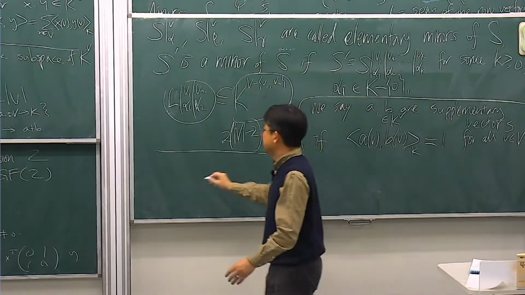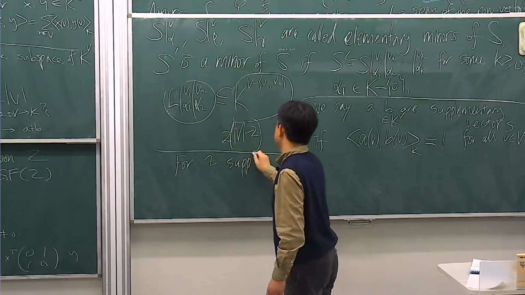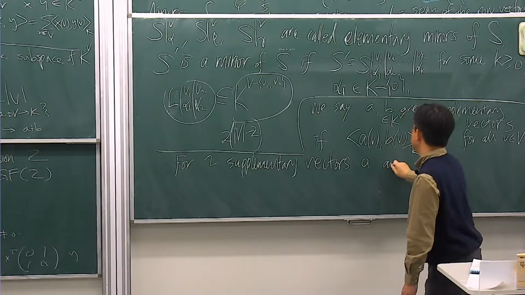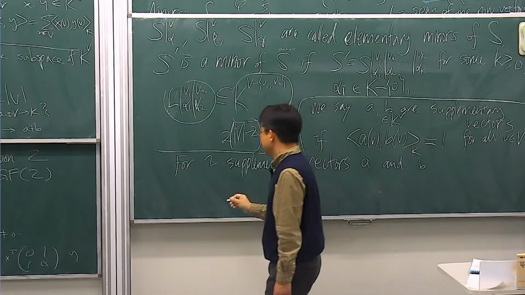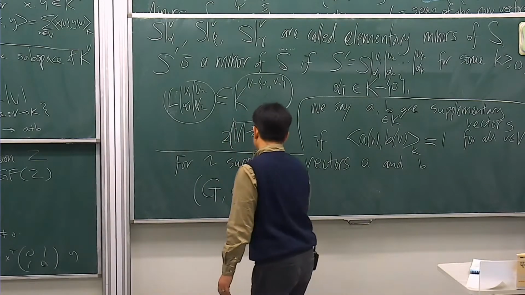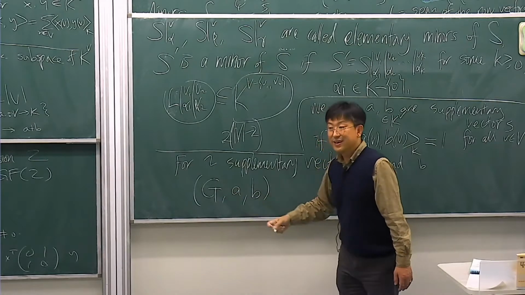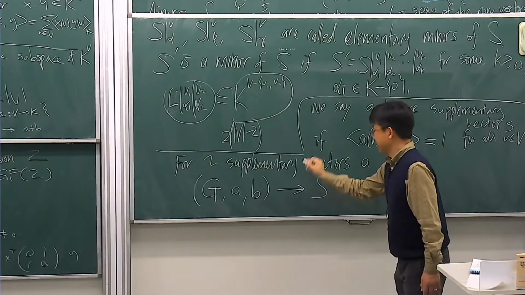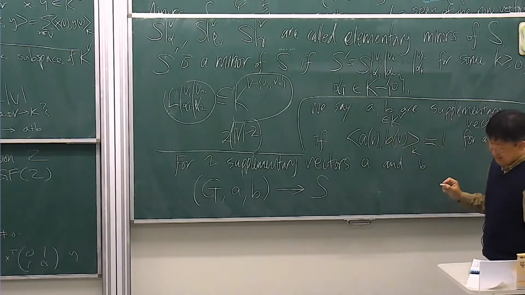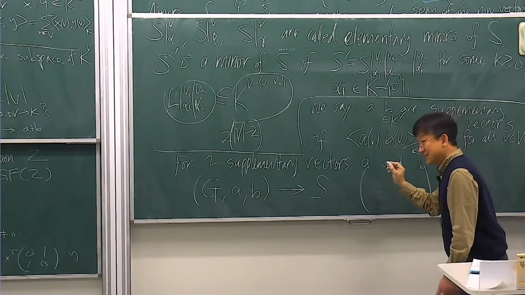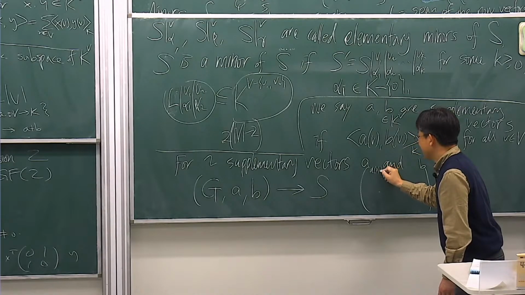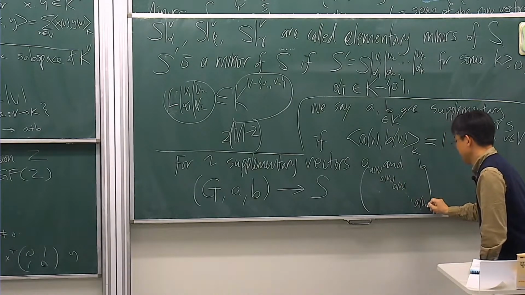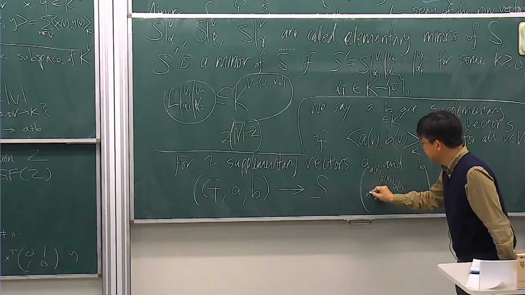Now, for two supplementary vectors A and B, we have this triple G, A, B. If you have a triple of a graph and two supplementary vectors, then I can construct the isotropic system where the diagonal entries use A values, and the off-diagonal entries use B values.